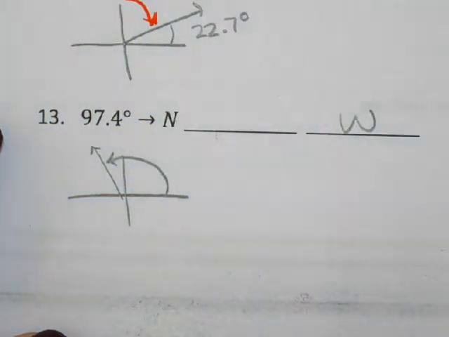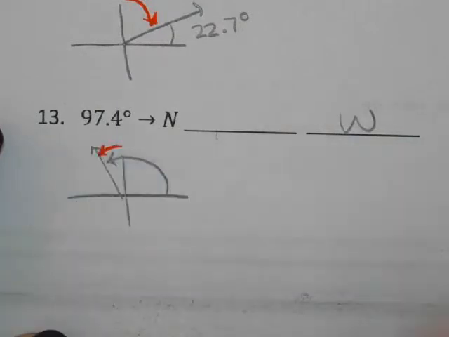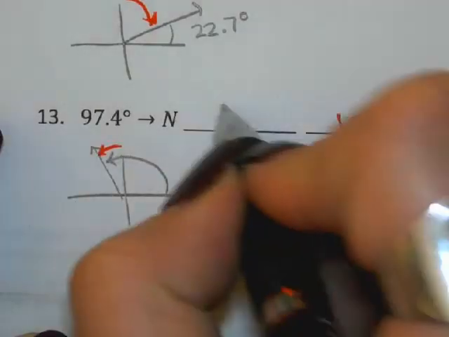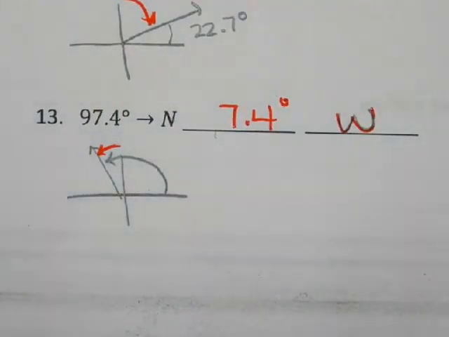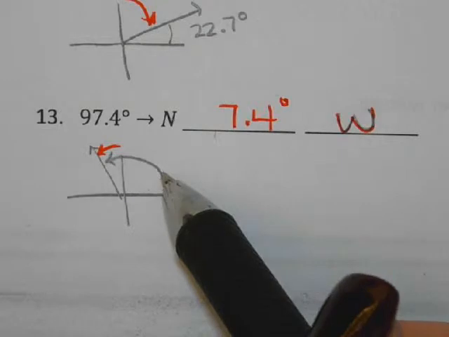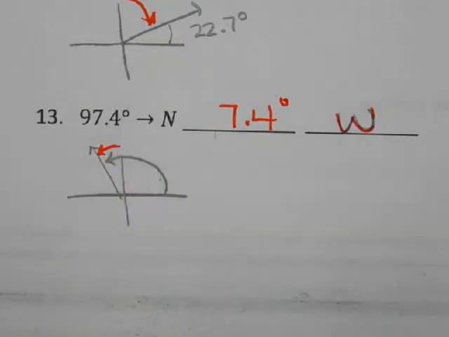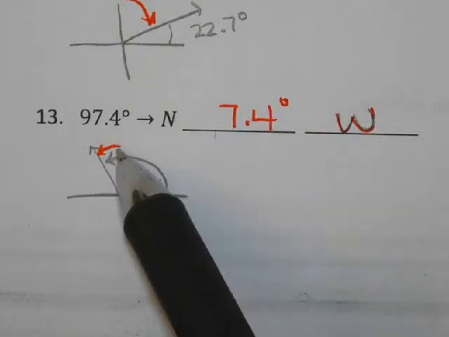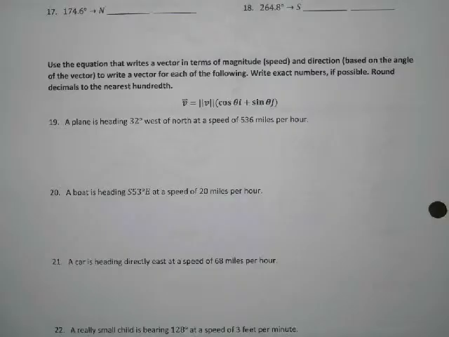And then how far is it from north? 7.4, yeah, good. Because 90 was the first quadrant, and so the 7.4 is how far past the first quadrant it went. So since we started at north, we went just that little bit. All right, go ahead and work on those.